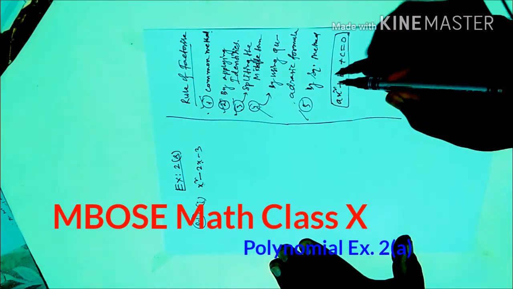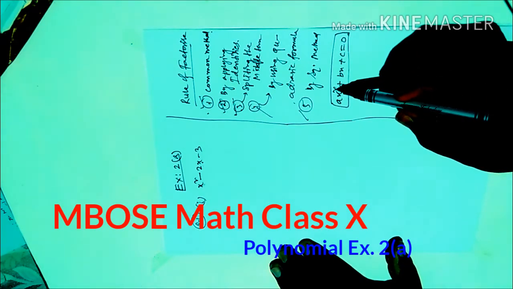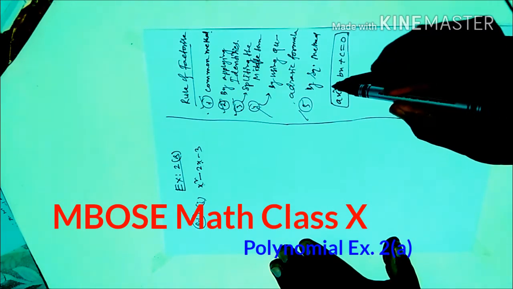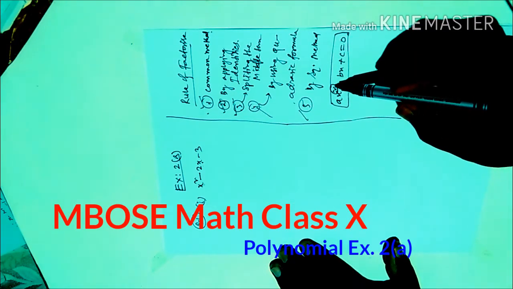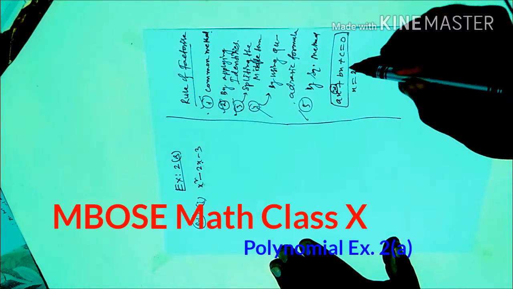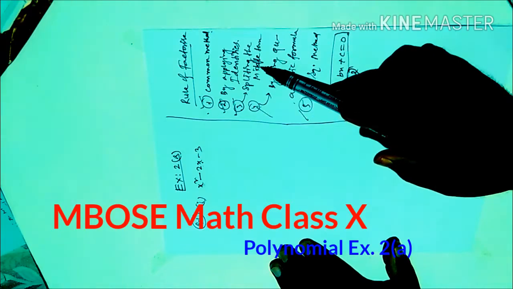Because the degree is 2. One more interesting thing: if the degree is 2, the number of zeros will also be 2. I hope you understand. If the degree is 2, how many values of x will we get? 2 values.